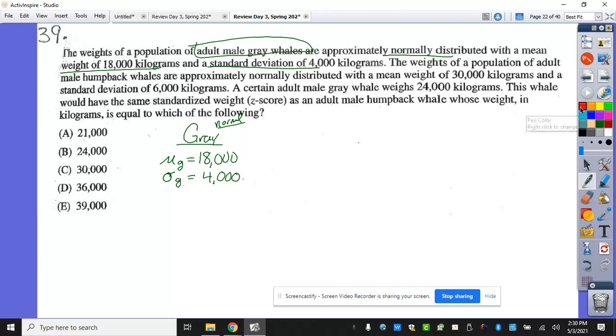And then it talks about humpback whales. It gives me my approximately normal again. Now I have a mean of 30,000 and a standard deviation of 6,000.